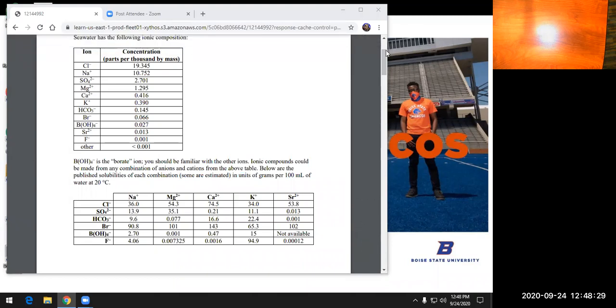Chat says concentration and dilution, colligative properties. Yep, concentration, dilution, definitely. Colligative properties, definitely. What determines whether something dissolves or not?